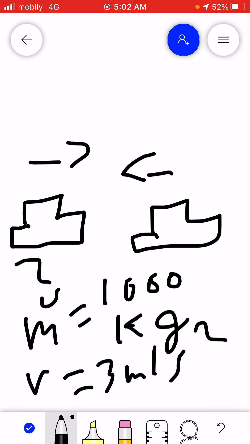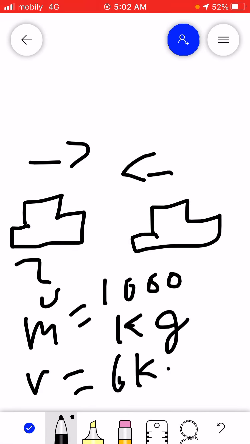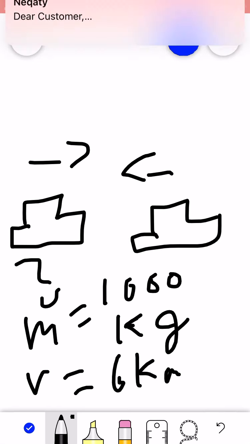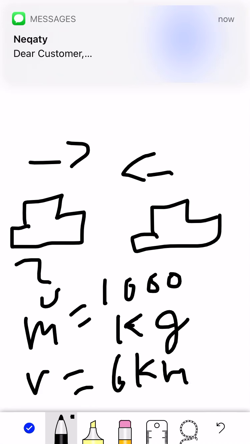So the car is very slow. Or let's say it's 6 kilometers per second square.